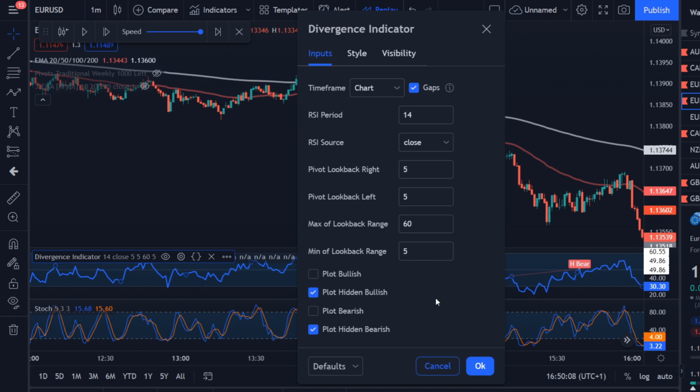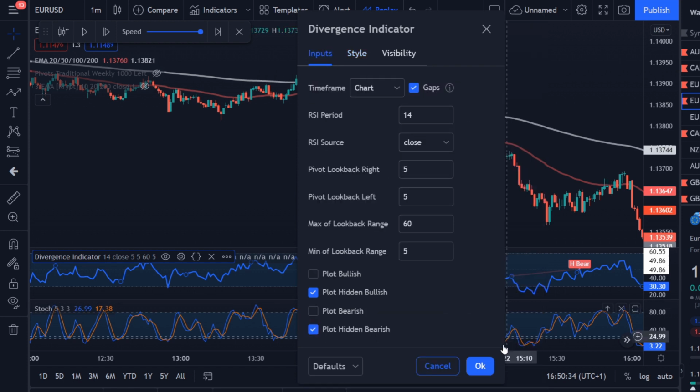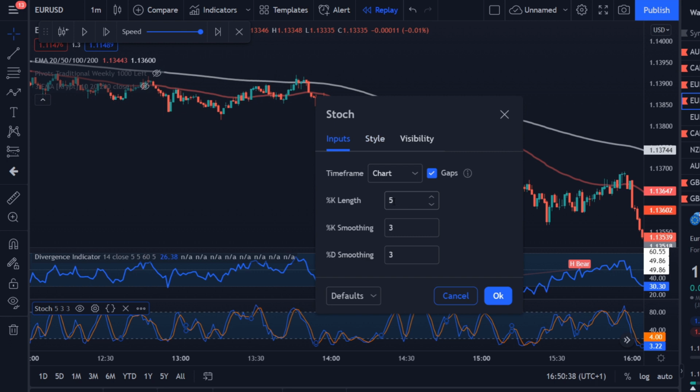It only showed regular divergence signals, and for this strategy we're only focusing on hidden bullish and hidden bearish. So make sure to enable these 2 indicators, and of course you can play around with the colors, but that's not really that important. And then we are looking at the stochastic and I set it to 533.